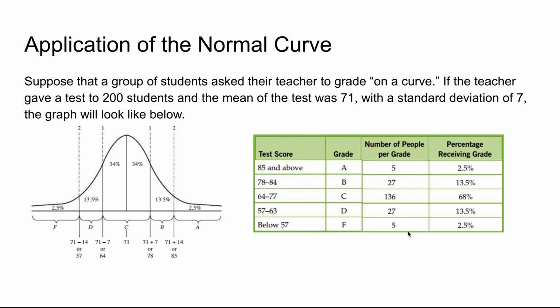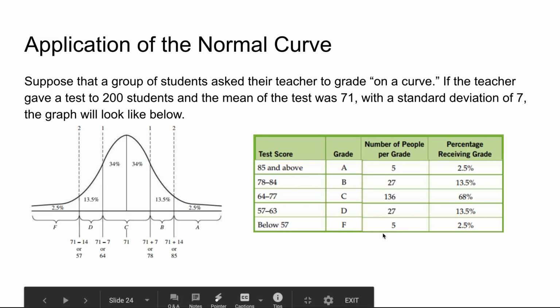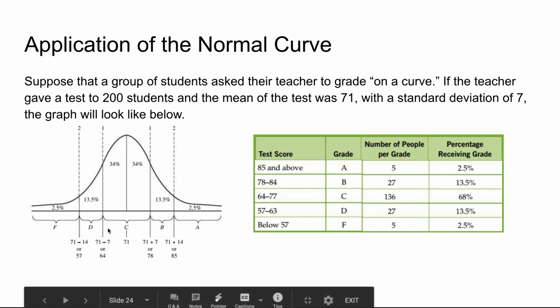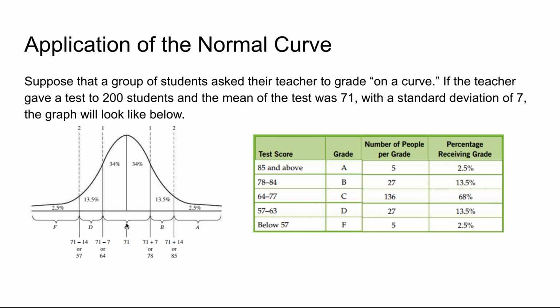Of course, it's symmetrical, so we get to know below 57 here is the same as above 85, and same for this number, right? And what's in the middle? That's the one standard deviation number. So we know there are 68% of 200, or 200 times 0.68, you get 136. So 136 students get C.